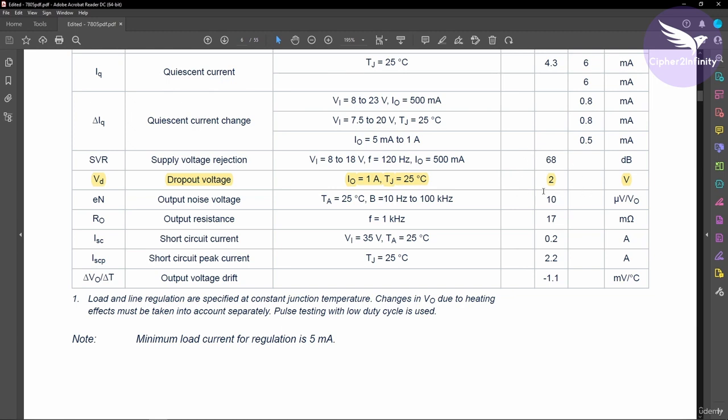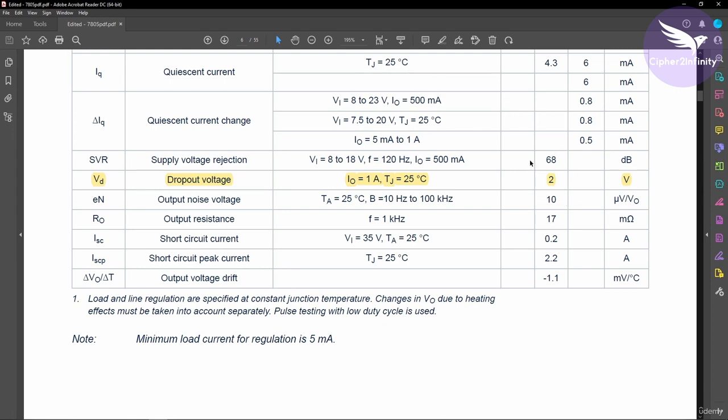It means that when we discussed the block diagram, I told you that there is a pass element. On that pass element, the 2 volt is going to drop. So what exactly that means is, if we want to generate 5 volt on the output side of this 7805 IC, then the minimum voltage that we have to provide on the input side is going to be 7 volt, because this 2 volt is going to drop across the pass element.